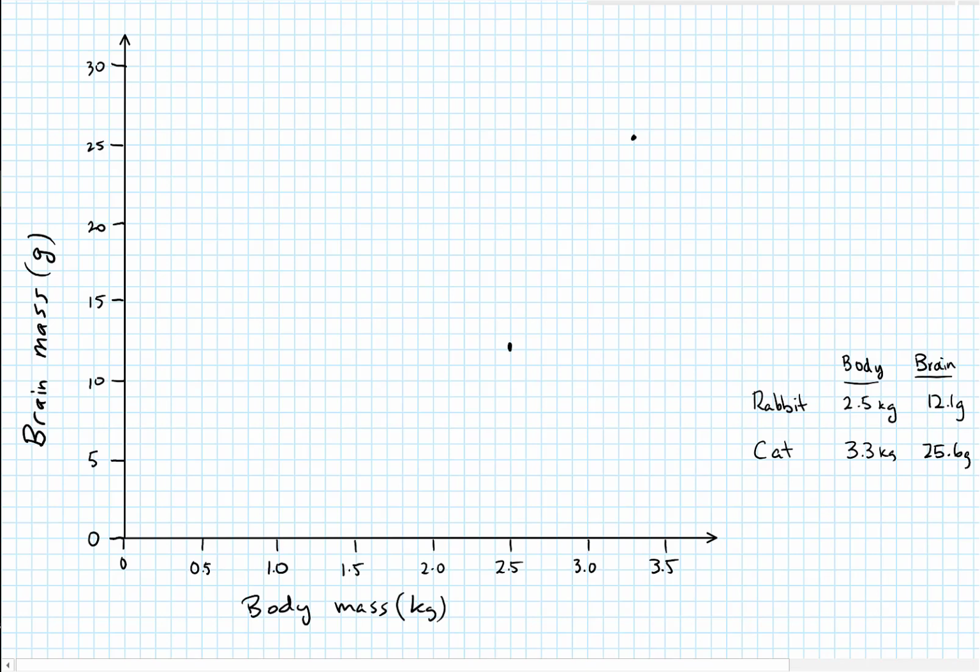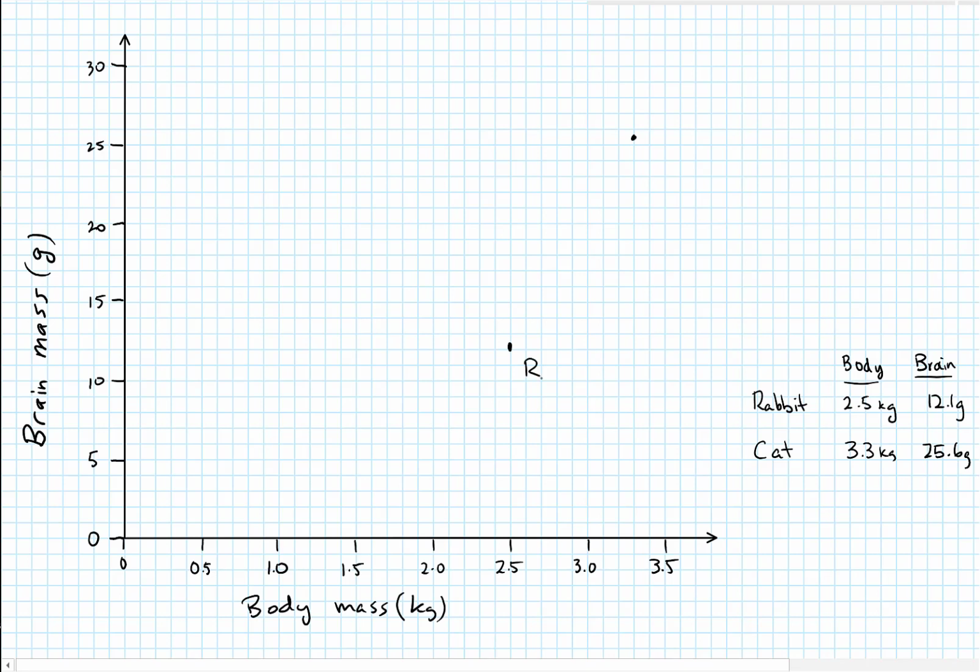And so I've picked a couple of mammals here, a rabbit and a cat, and I found a data set online. And the rabbits that were measured had an average body weight of 2.5 kilograms and an average brain mass of 12.1 grams. And so that's this point right here. This is the rabbit point right here.